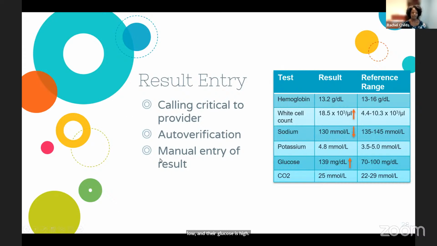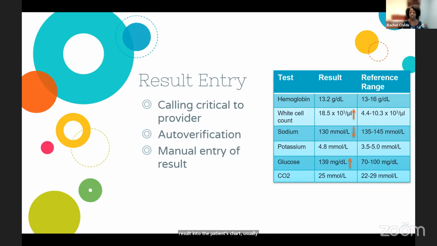There are many ways that a result can be entered into the system. The most common way would be known as auto verification, where if there's nothing wrong with the sample and we don't need to call any criticals, that result just automatically gets entered into the patient's medical record. There are times when we have to manually enter that result into the patient's chart, usually because of manipulation to the test.